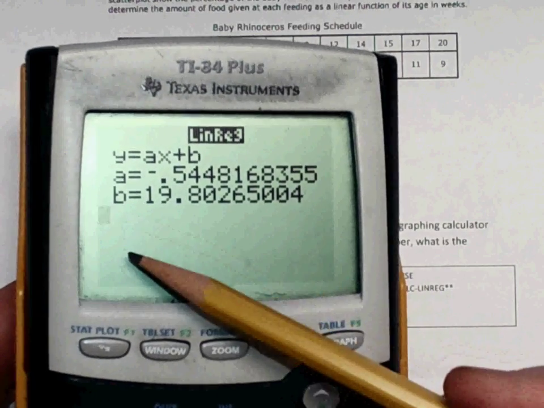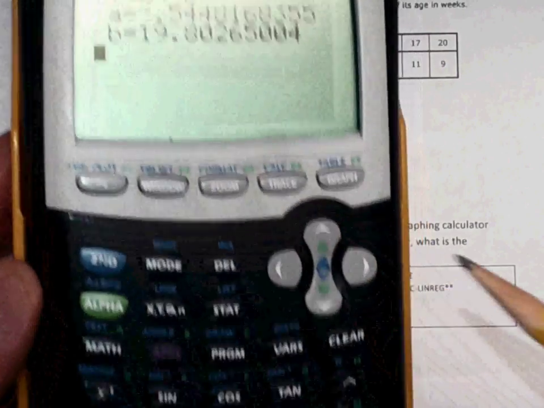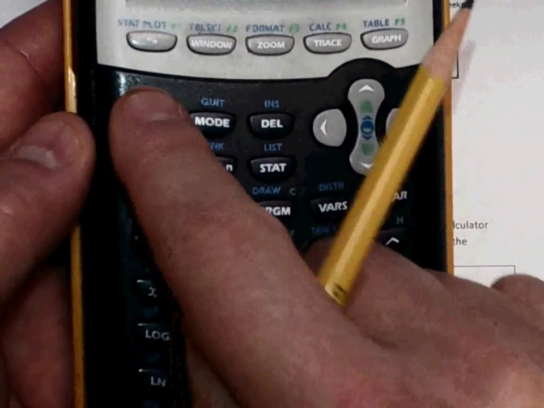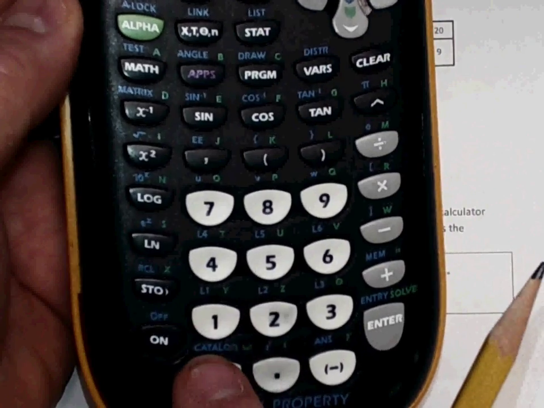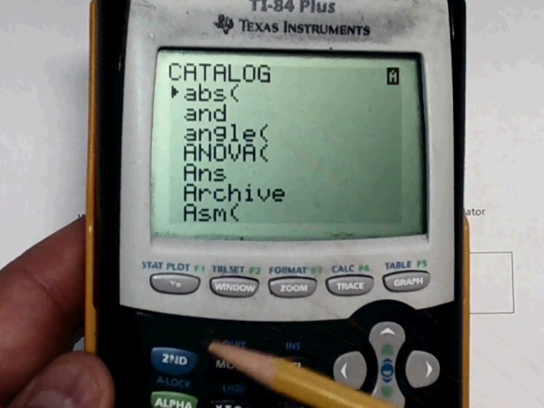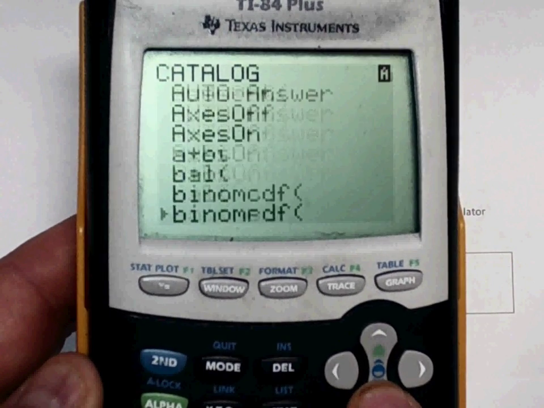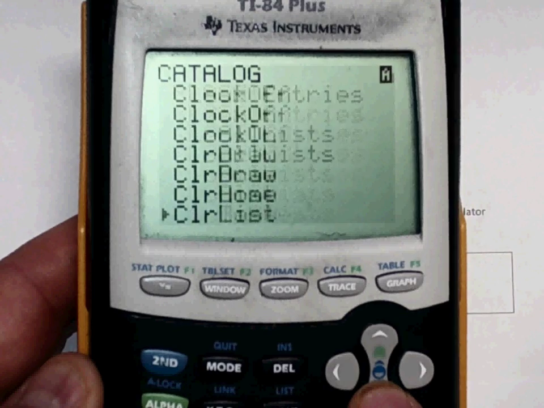Now, I don't have any. Here's how you get your R value to show up. I want you to press second, and I want you to press 0. And you should have a catalog screen. Again, that was second, 0. And we're going to scroll down, not too far. We're going to get to the D's.